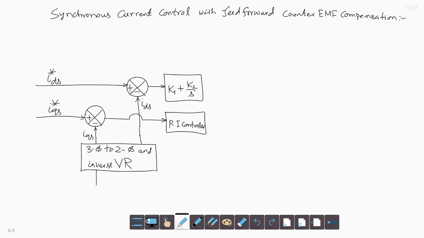So, it takes the phase currents IA, IB and IC. It also takes the unit vector cos theta e, sin theta e and generates IDS and IQS.